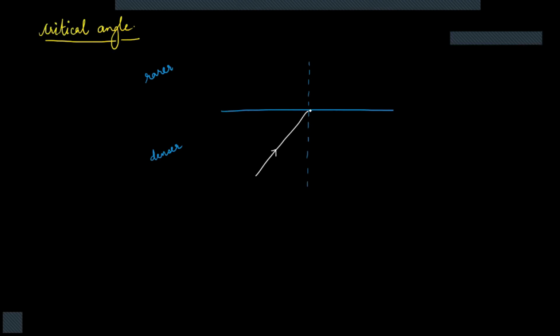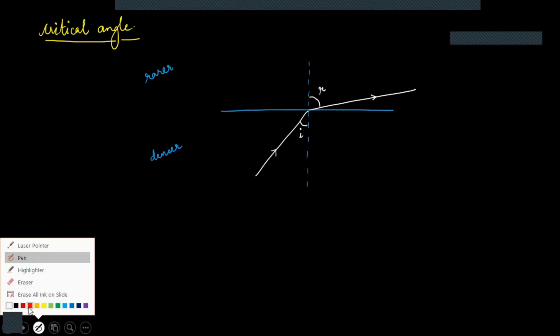We know that according to the refraction, this ray will go away from the normal. This is angle of incidence I. This is angle of refraction R. Now let's understand what is critical angle.